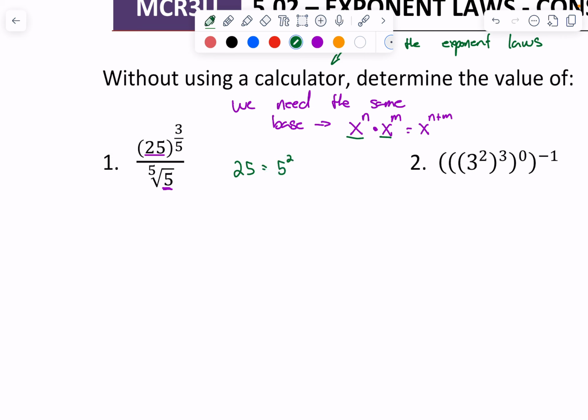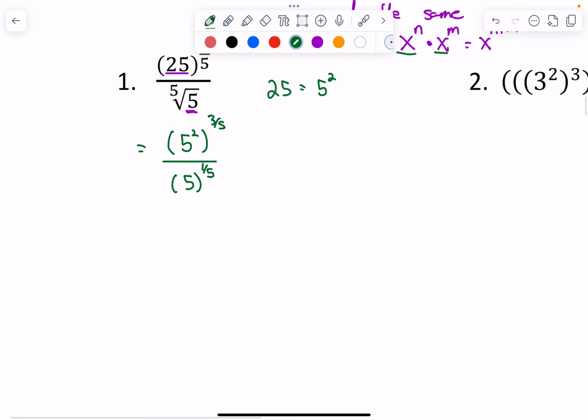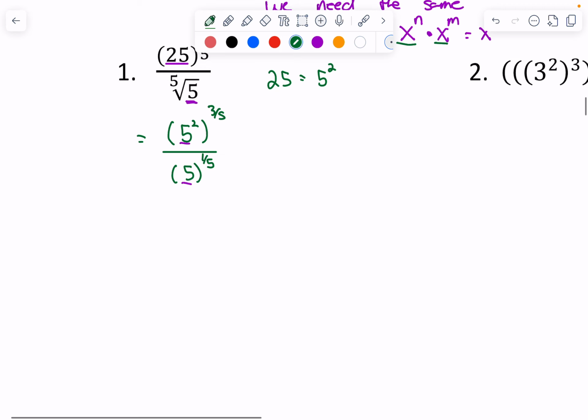So if I was to clean it up a bit, this would be 5 squared, all to the 3/5, and on the bottom here, we have the fifth root of 5, so remember that's 5, and think of your roots as fractions, so this is the 1/5 up top. So now look, we have same bases, 5 and 5. So we can use our rules.